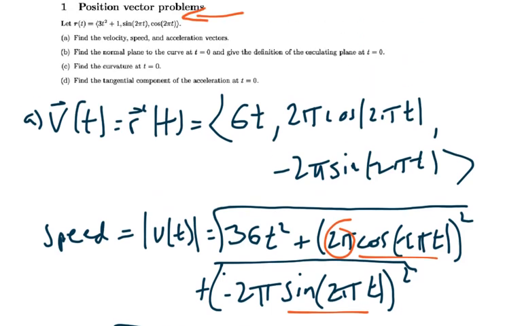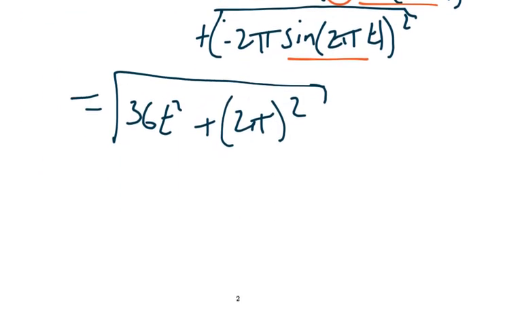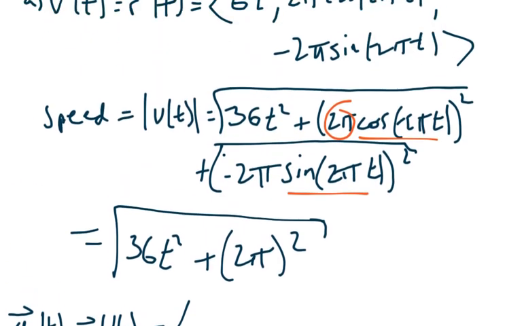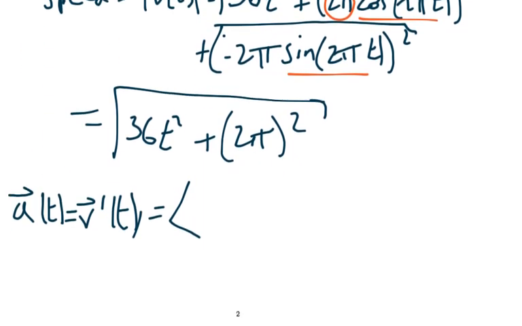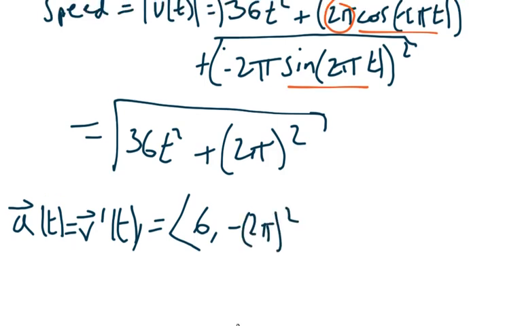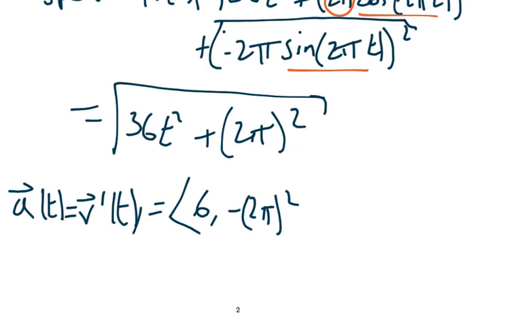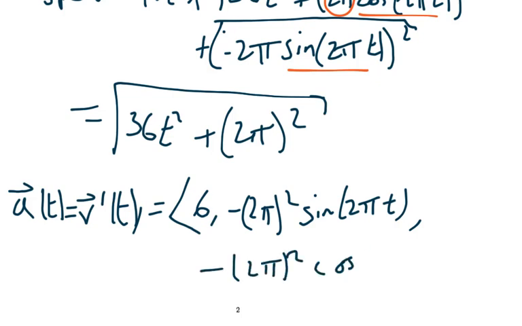Next, we want to find our acceleration. The acceleration vector, again, is just the derivative of the velocity vector. So we're going to get 6 here, minus 2 pi squared sine of 2 pi t, and for the last one we're going to get minus 2 pi squared cosine 2 pi t.